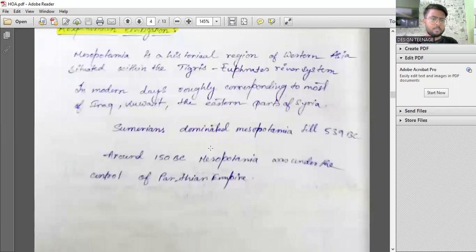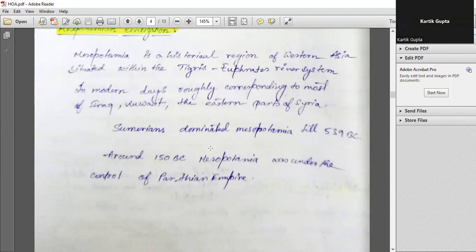Mesopotamia is a historical region of Western Asia situated within the Tigris-Euphrates river system. In modern days, it roughly corresponds to these places. These are the locations. Not exactly the whole of this location will be covered, but some part of this and some part of that, and together this whole civilization existed at that point of time: Iraq, Kuwait, and the eastern parts of Syria.